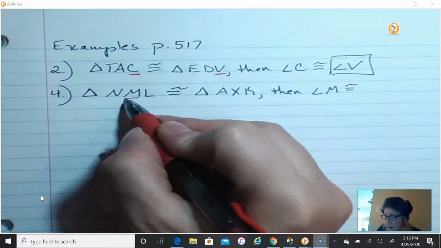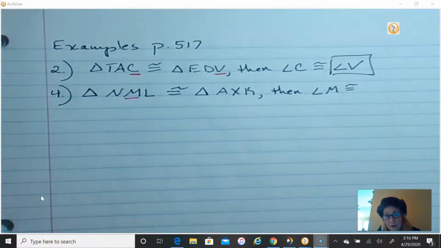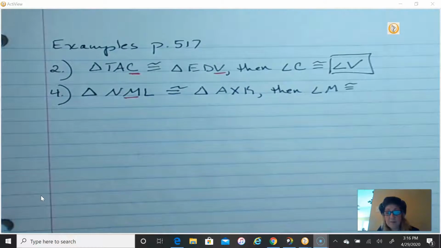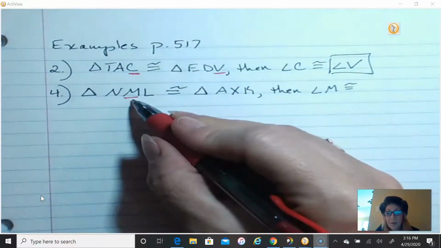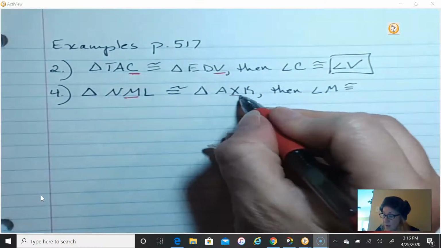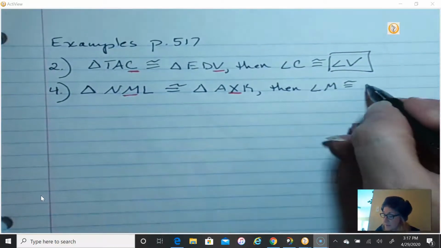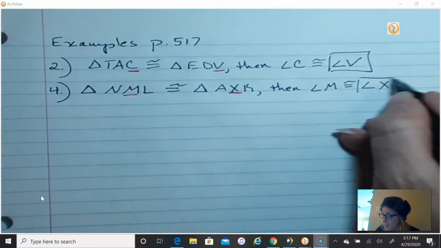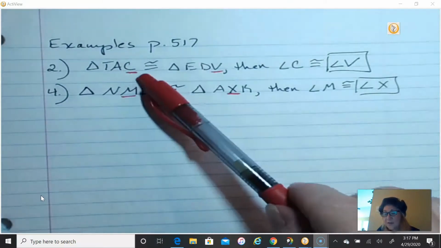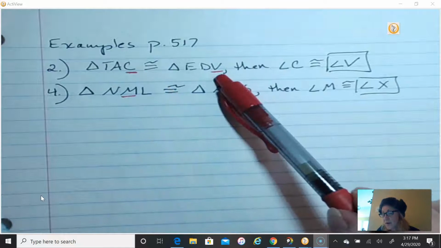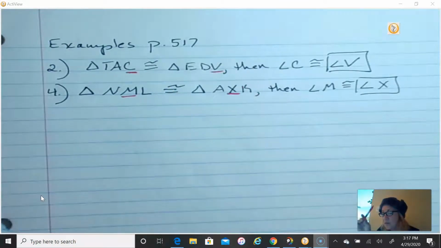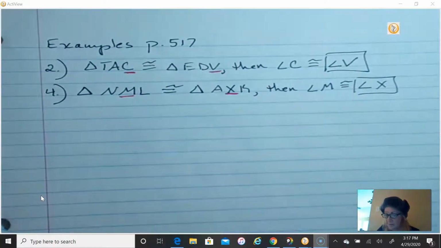Well, here's angle M. So what letter goes with M? It's in the middle, right? So then the middle one over here is the one that's congruent with. So it's X. Angle X. See, over here, C was the last letter, so it's congruent with the last letter over here. That's why they have to be lined up perfectly.